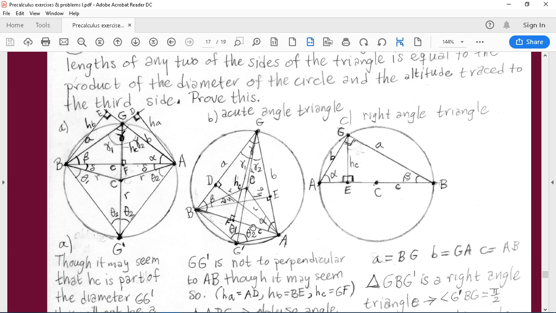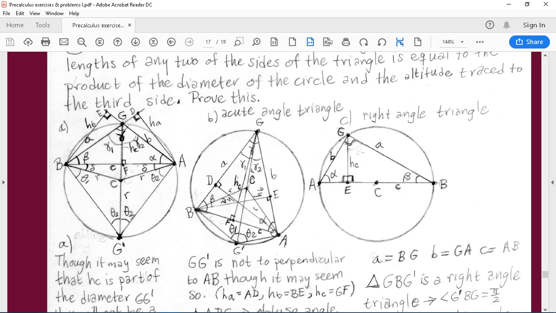Okay, so first let's consider triangles GBE and BEA. They have a common side, BE, which is HB.